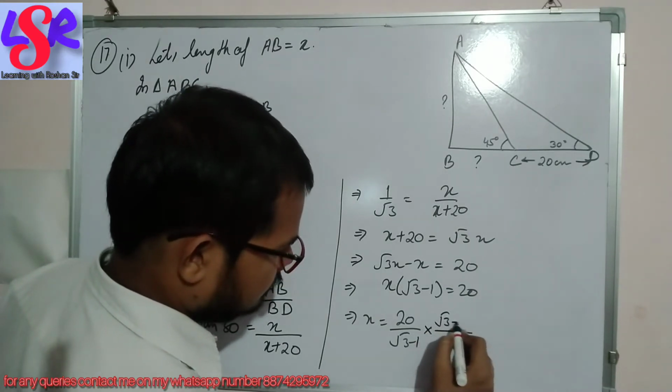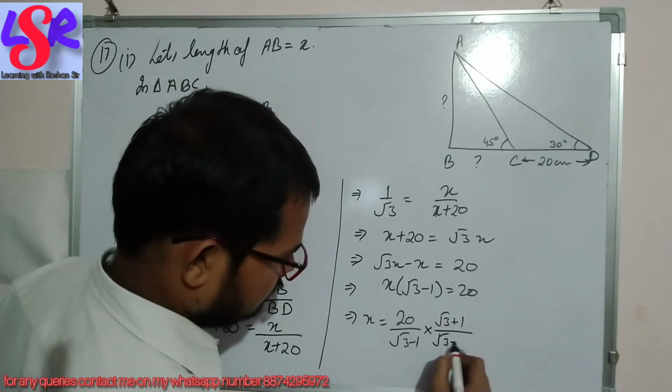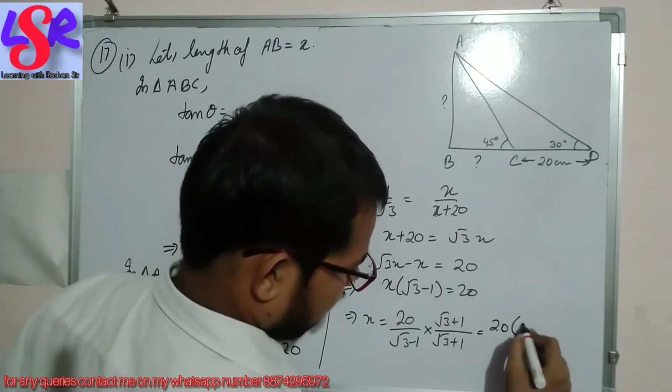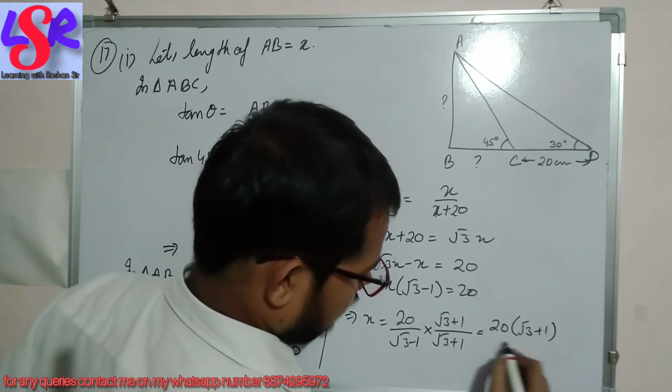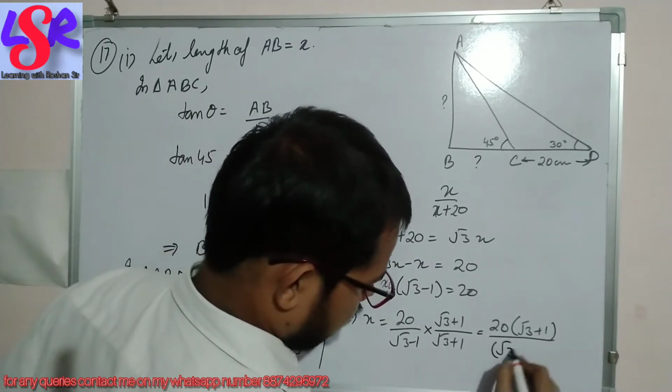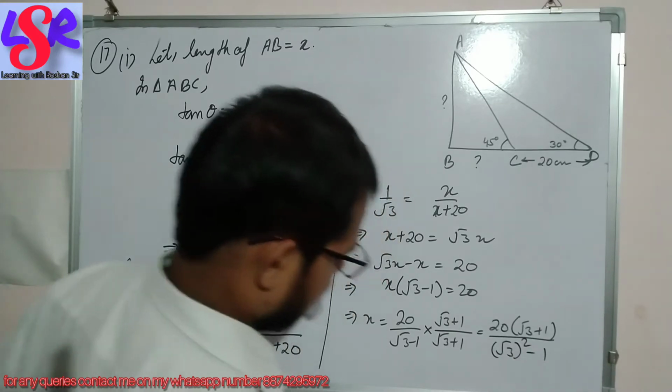So multiplying by √3 plus 1 and √3 plus 1, this will be equals to 20 in bracket √3 plus 1 upon √3 square minus 1.